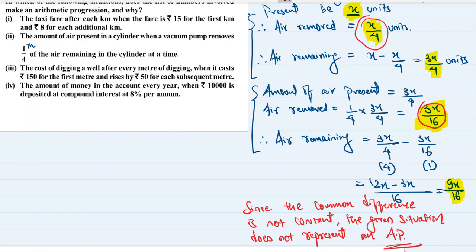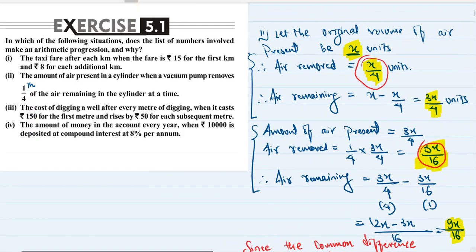The given situation does not represent an AP since the common difference is not constant. Okay, so this is how you need to write your answer.